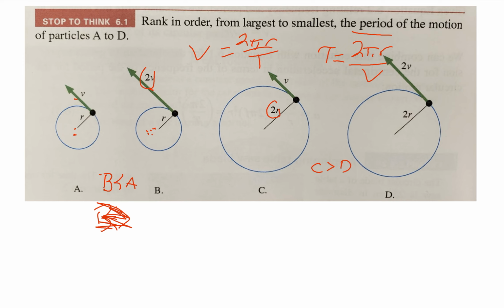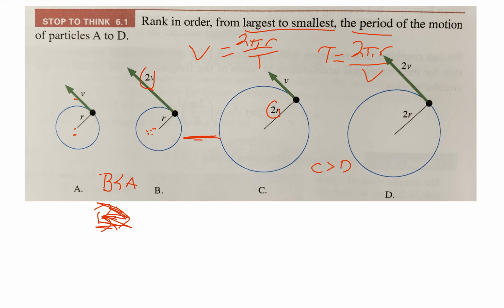So now we want to rank in order from largest to smallest. Which one is going to have the largest period? Well, the one with the bigger radius is going to have a bigger period. If we make the radius bigger, the period gets bigger. So C and D would have larger periods off the bat because the radius is bigger, right?